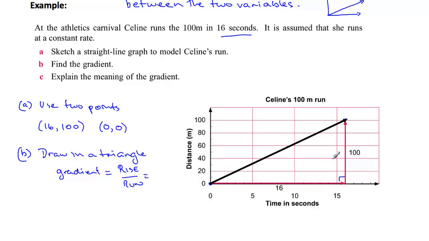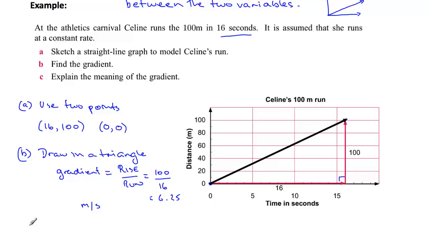In this case, the rise is 100, that would be 100 metres, and the run is 16. If we use our calculator here, we get a gradient of 6.25. There's our gradient, and our units in this case are metres per second.